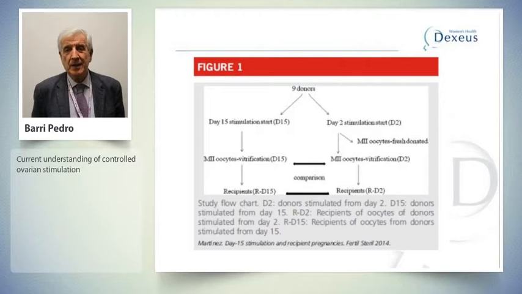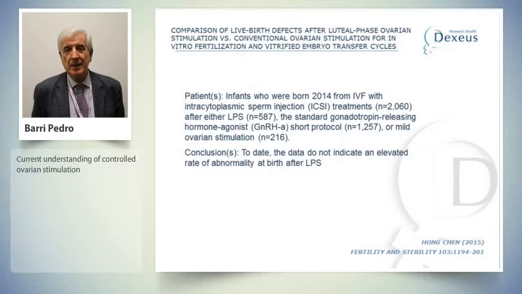And we have not observed any difference in the clinical and live birth rates obtained in the corresponding recipients. So the competence of oocytes obtained in the luteal phase was similar to the quality of those oocytes obtained stimulating on day 2 of the cycle.